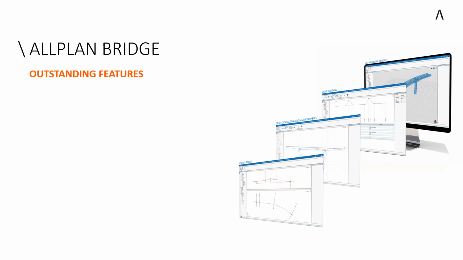So what are the features of this parametric modeling, which I want to explain to you in the following step by step? First, we have the parametric axis definition, which means you define your axis in plan and in profile, which will then be combined to a 3D axis.